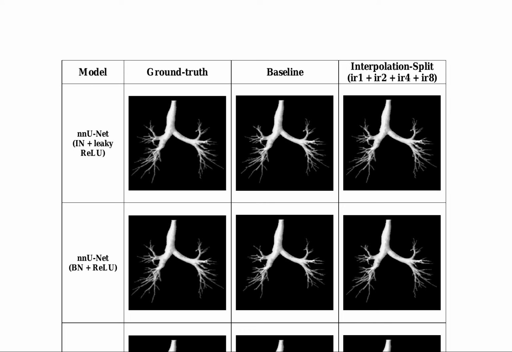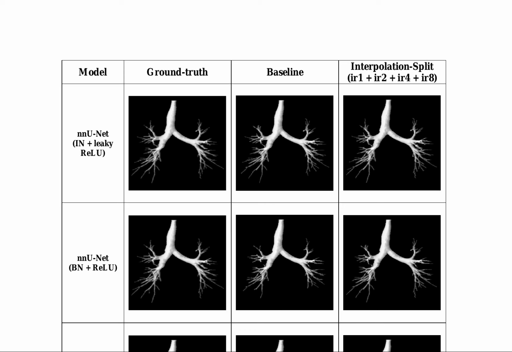The NNU-net model with instance normalization and leaky ReLU utilizes instance normalization, which normalizes input data for each individual sample, reducing internal covariate shift. Leaky ReLU activation functions allow a small fraction of the input to pass through, even when negative, preventing dying neurons.